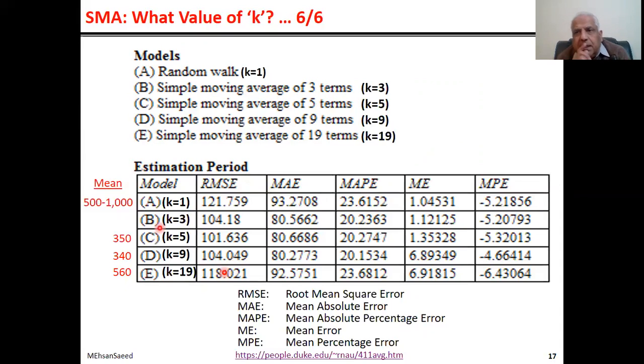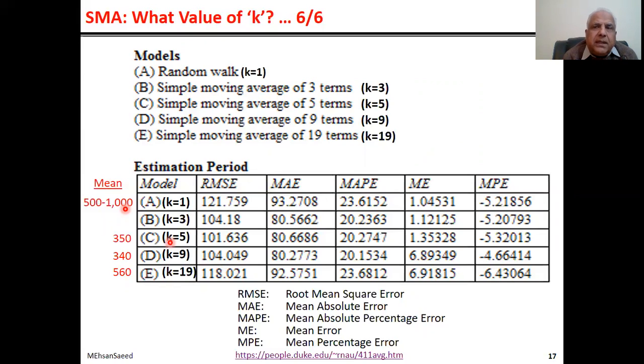If you are working in root mean squares, or your company policy, which is given in OPAs, is to work in terms of root mean square error, then if you look at this column, the minimum value of root mean square error is here, which is k is equal to 5. So you will choose k is equal to 5.